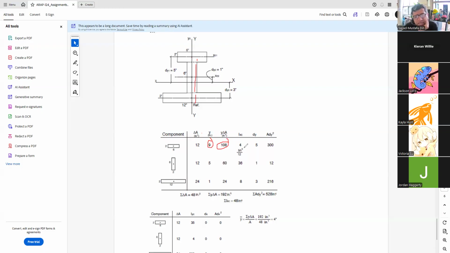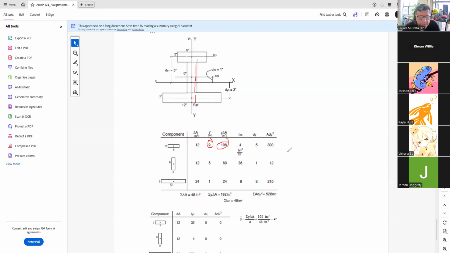And what's the formula? BH cubed over 12. What is B in this case? 6. Height is 2. So 6 times 2 times 2 times 2 divided by 12. What does that give us?